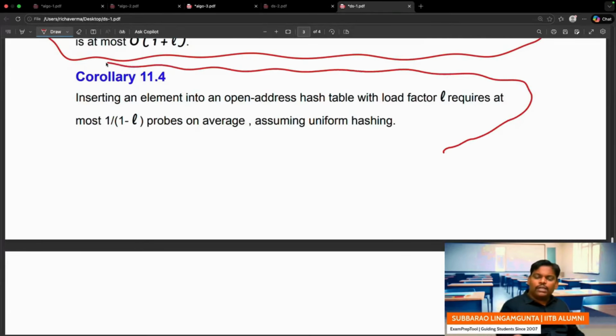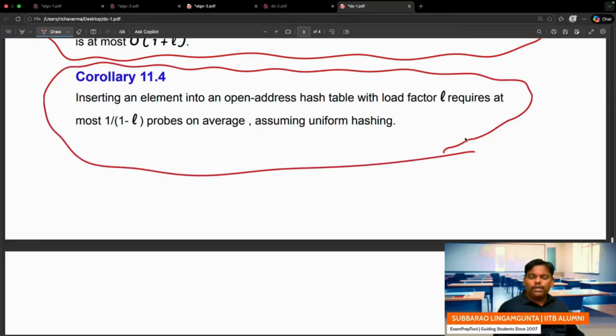It is almost the same point. Inserting an element: if you want to insert, the element cannot exist already, which means unsuccessful. Inserting an element is an unsuccessful open addressing case: 1 by 1 minus alpha probes on an average. When you say expected, it means on an average only, assuming uniform hashing.